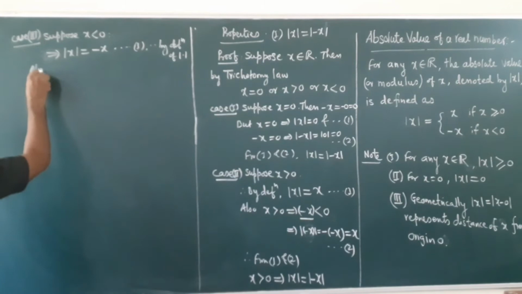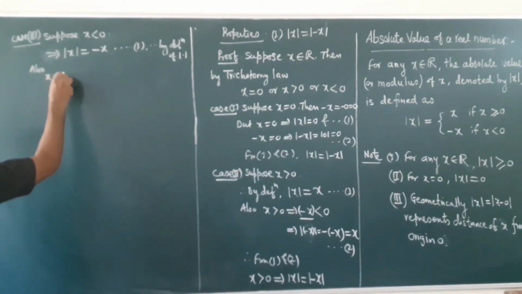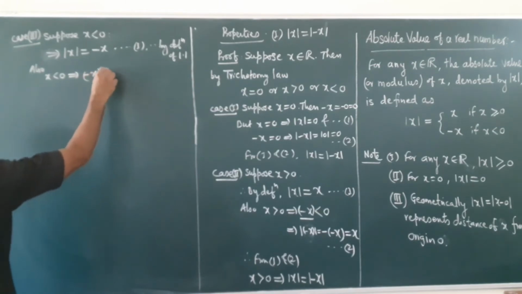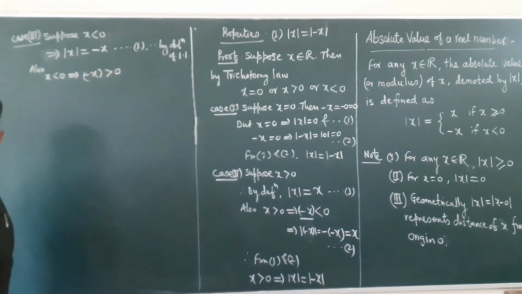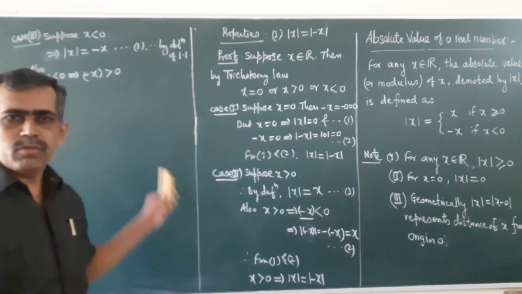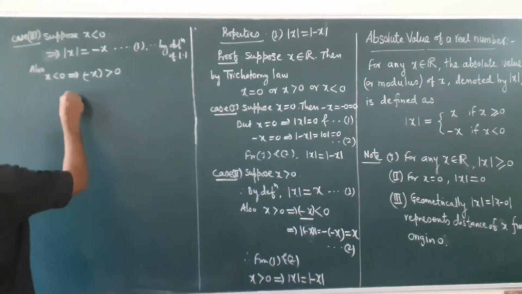Also, x less than 0 implies that minus x is greater than 0. X is negative, so minus of x is positive. And what does this imply?